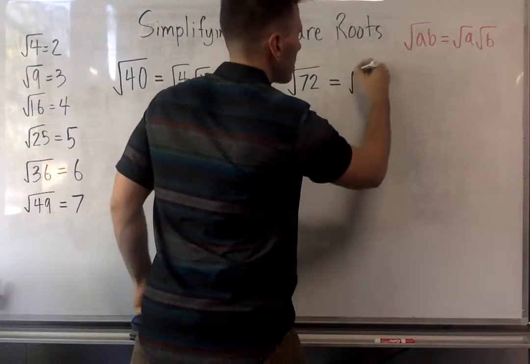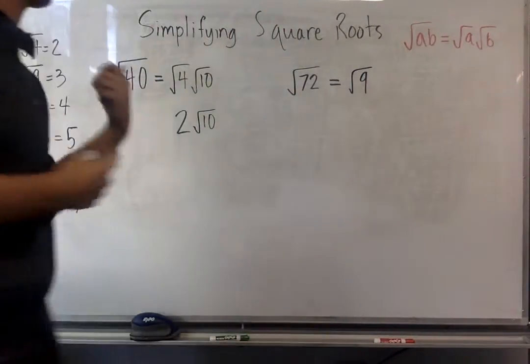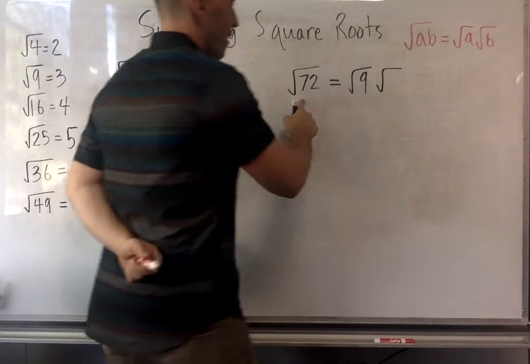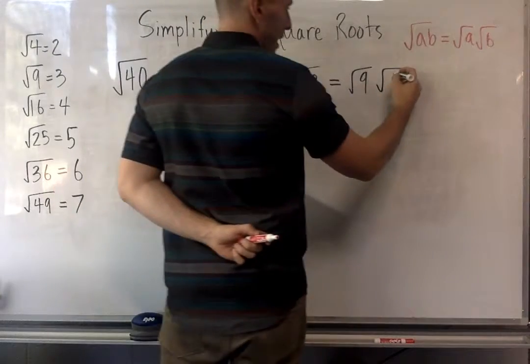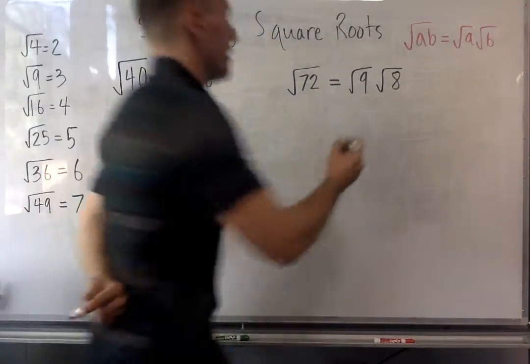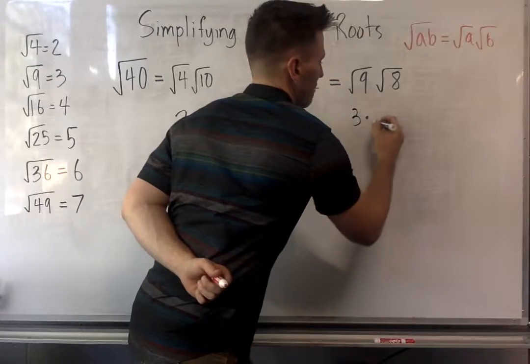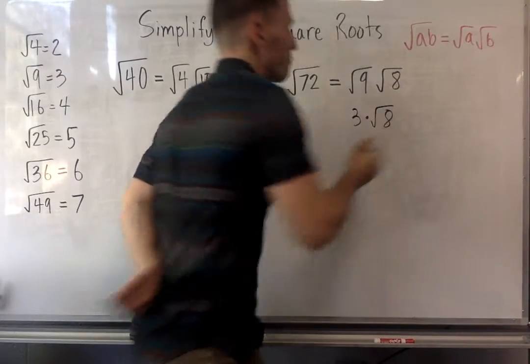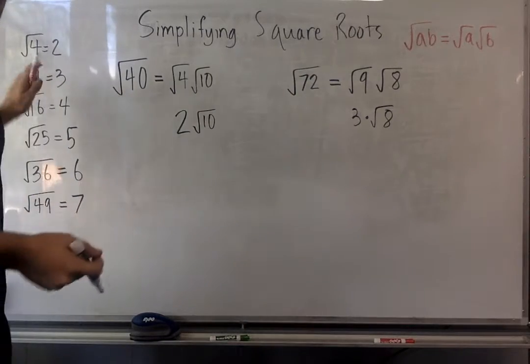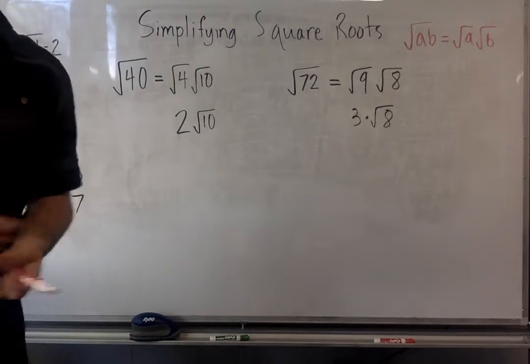So this is going to be the square root of 9, that perfect square that I kind of saw in there. And the square root of, well, 9 times what is 72? 9 times 8 is 72. And then I can rewrite this as 3 times the square root of 8. But then, hopefully, your brain is turned all the way on and you recognize that the square root of 8 has another perfect square inside of it.